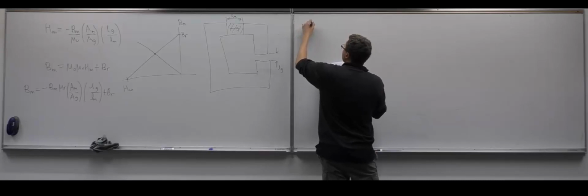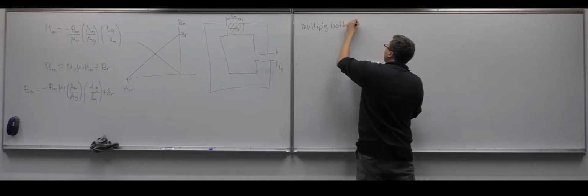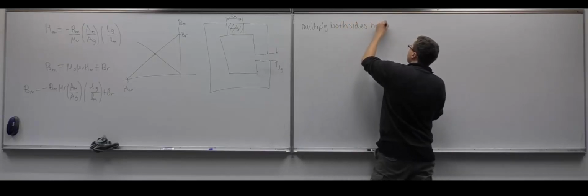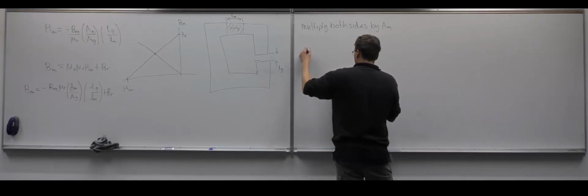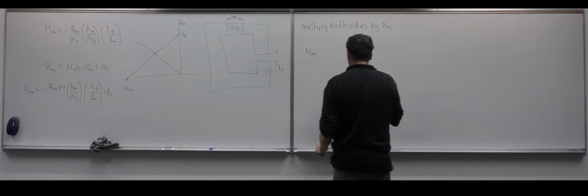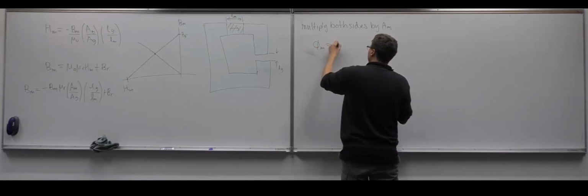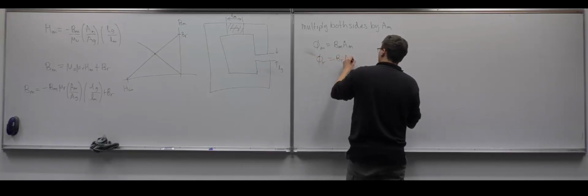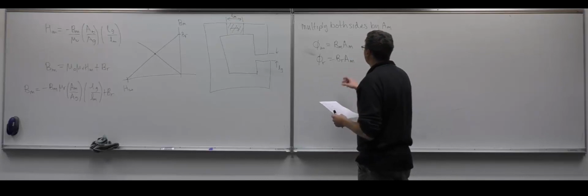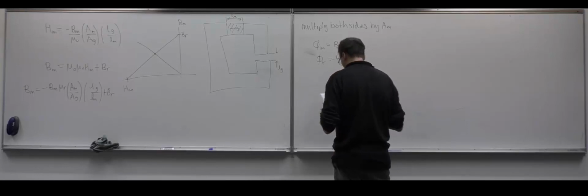So multiply both sides by Am, and then we can define flux M is equal to Bm Am, and flux R is equal to Br Am, where this is the magnetic flux density residual value.